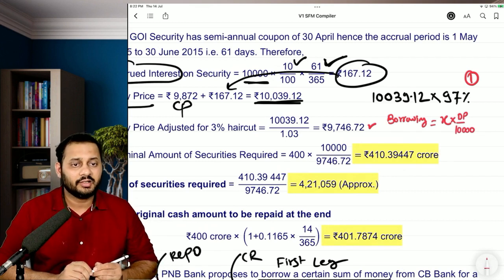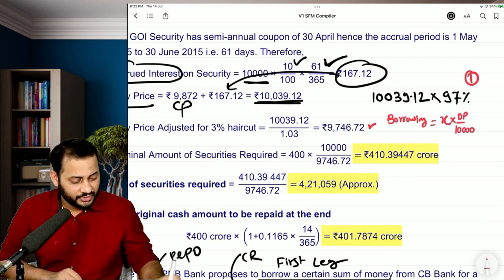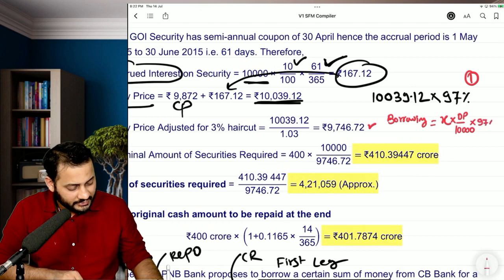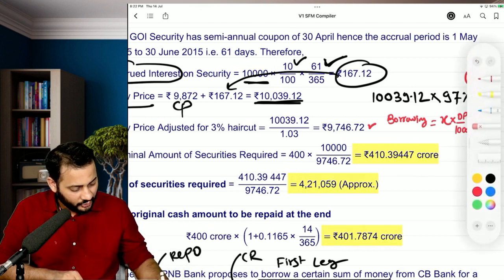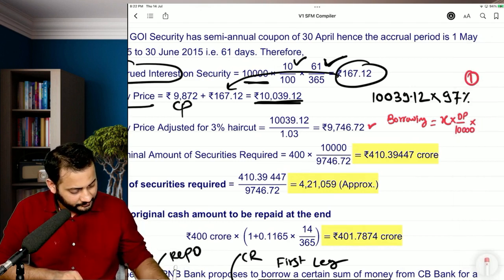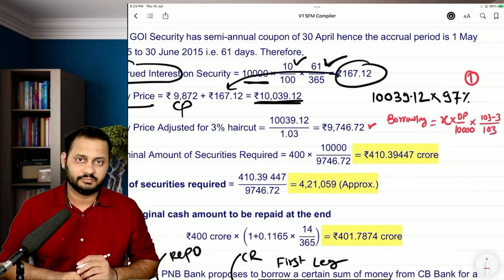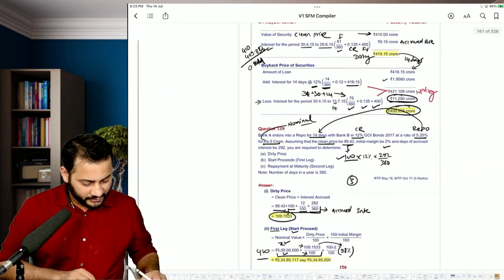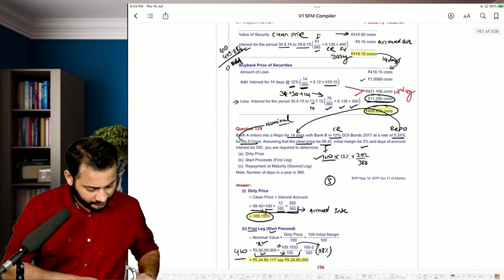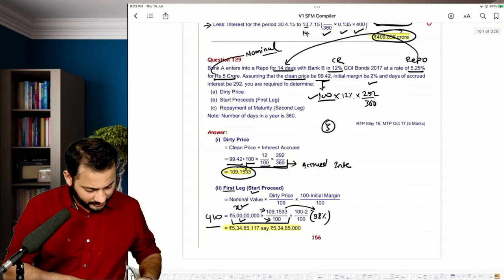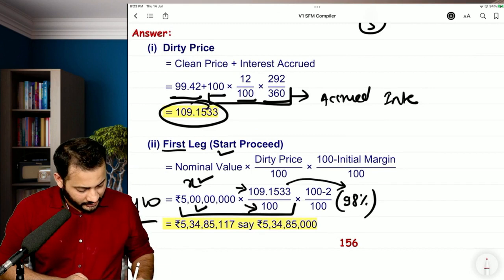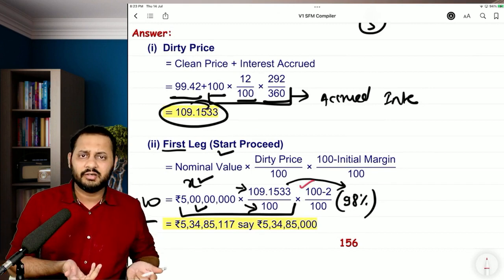But what is happening in this question, instead of multiplying it by 97%, they are doing something like this. They are taking 103 minus 3 divided by 103. What happened in the previous question was, we took it like this, and most of the part is done like this only: 100 minus 2 divided by 100.